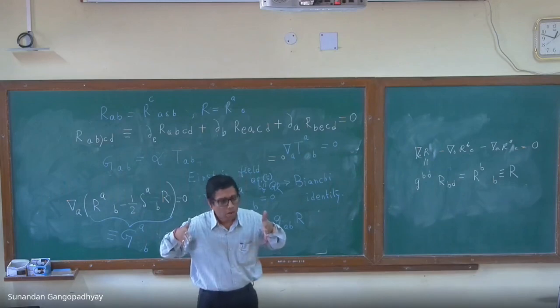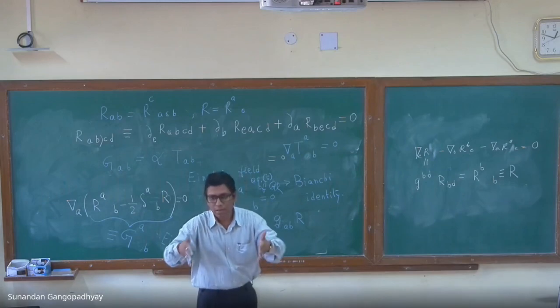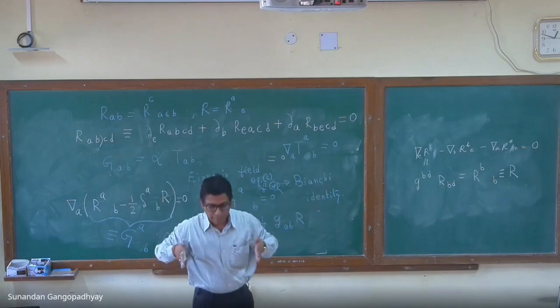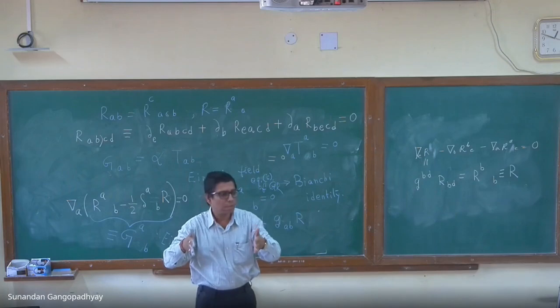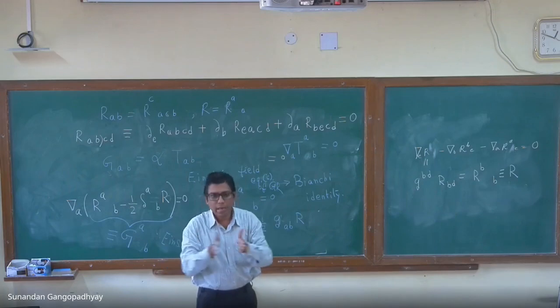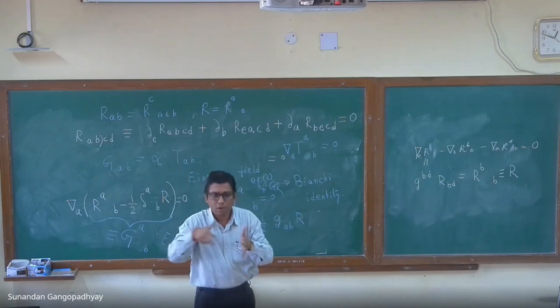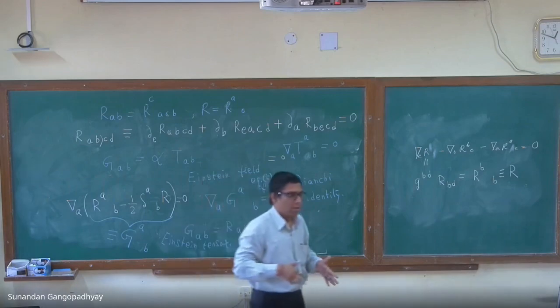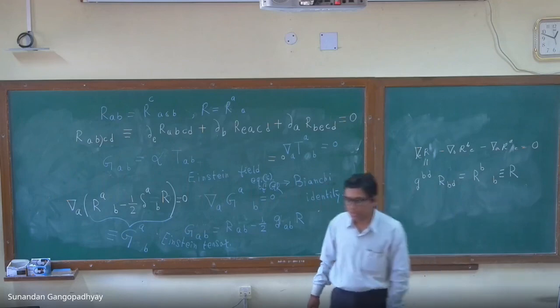Are they always moving parallel to each other, or are they coming closer or going out? If they are not always parallel, then the deviation vector of two geodesics is changing with time. That equation is known as the geodesic deviation equation.